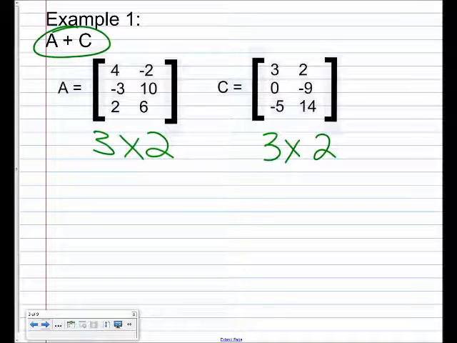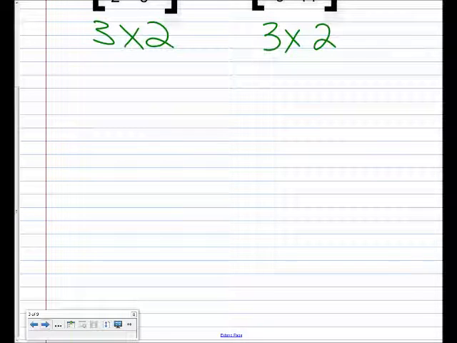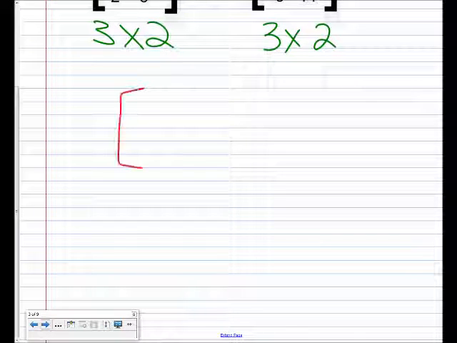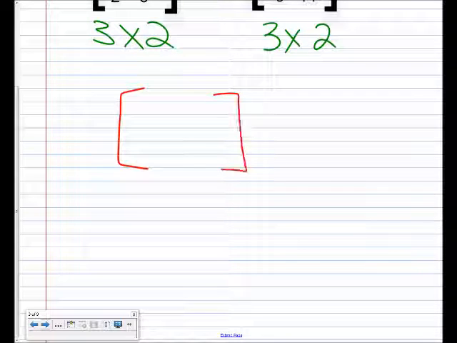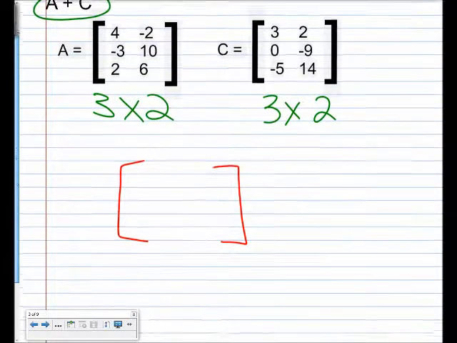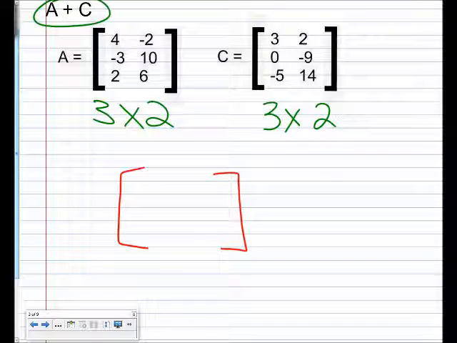Yes, it is. Now, what you're going to do is add the numbers that are in the exact same location. What I mean by that is, take a look at number 4. 4 is in the first row and the first column. Does everyone see how the number 4 is in the first row and the first column of matrix A? Okay? What number is in the first row, first column of matrix C? What is 4 plus 3?